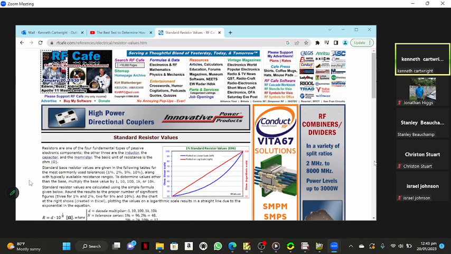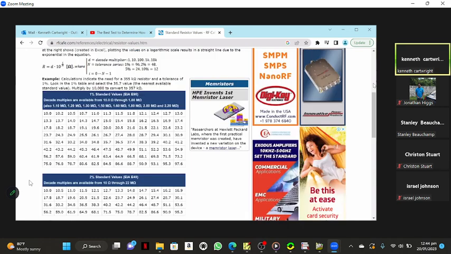So op amps have a maximum amount of VCC you can apply to them. And how would you know? You'd have to look at the data sheet. Exactly. You have to look at the data sheet. That's exactly right.